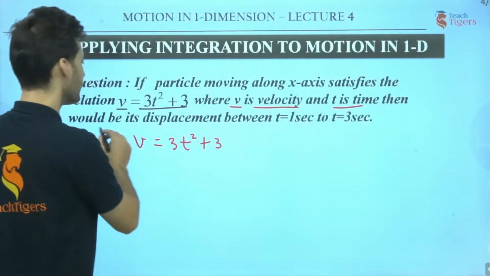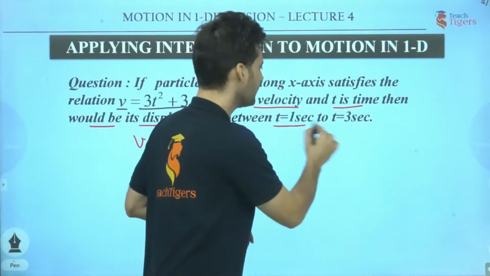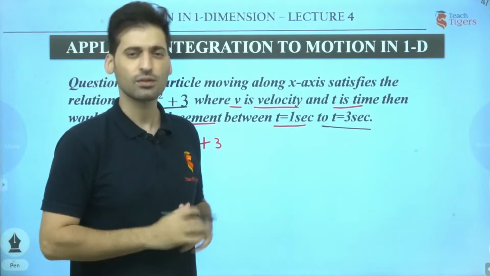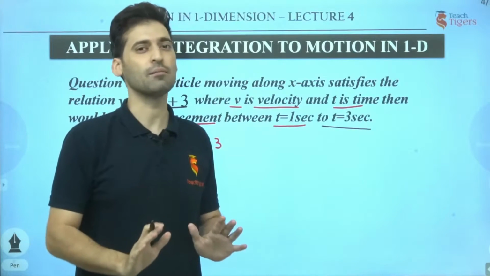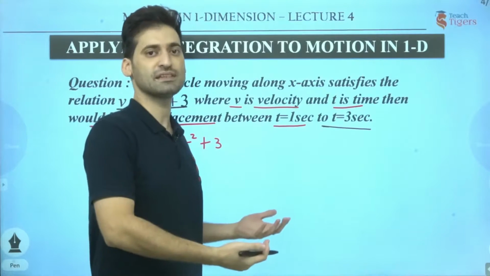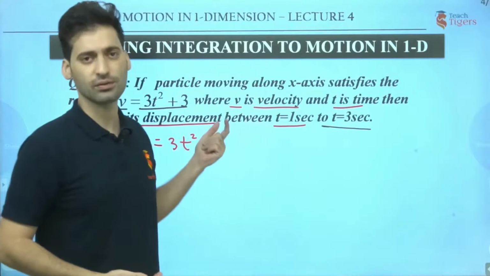Then you have to find the displacement between time 1 second to time equals to 3 seconds. Now it is very simple, बहुत easy है. But since you are doing it for the first time, let's do it step by step. Rest तो when you will get used to it, आप फटाफट से इन questions को कर लोगे. Okay?